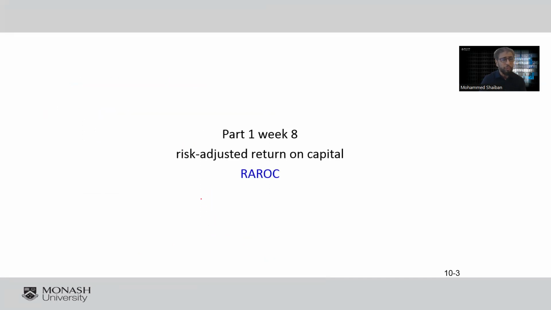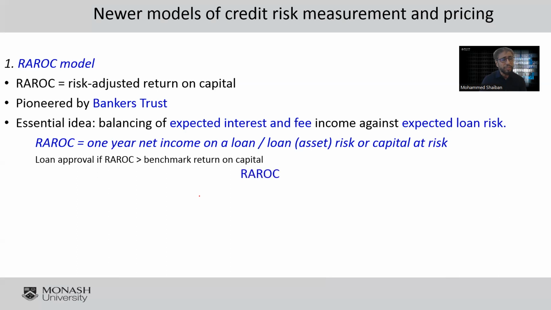Now, let me start with the RORAC. Understand the RORAC concept from this point. RORAC belongs to what we call the economic added value, which means when we give a loan, we want that loan to give us a return that will exceed the required return by the shareholders, which means more than the ROE, the return on equity.